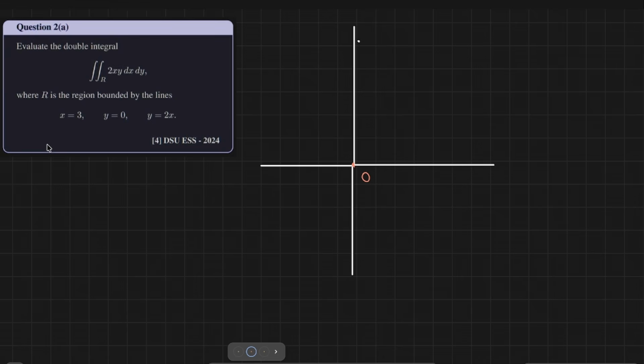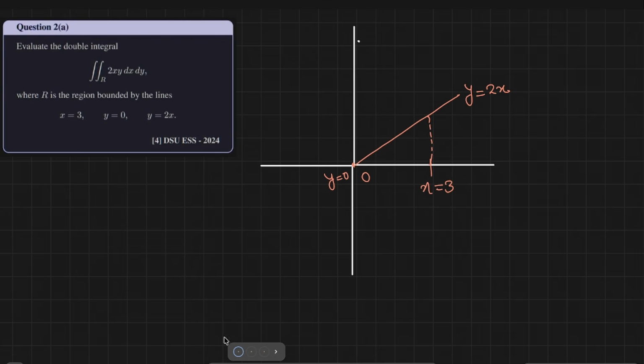Now see, whatever is given, x is equal to 3. So let's say this is x is equal to 3, this is y is equal to 0, and y is equal to 2x. So this line will be y is equal to 2x, and this line is x is equal to 3. This is y is equal to 2x passing through the origin.